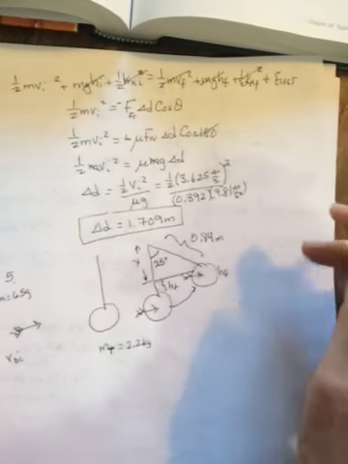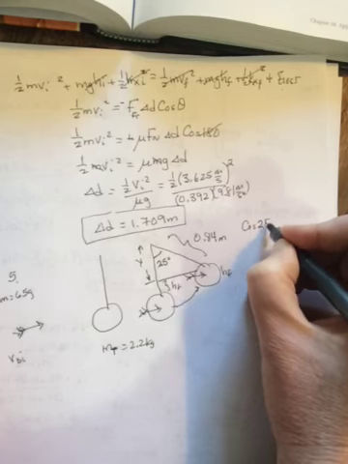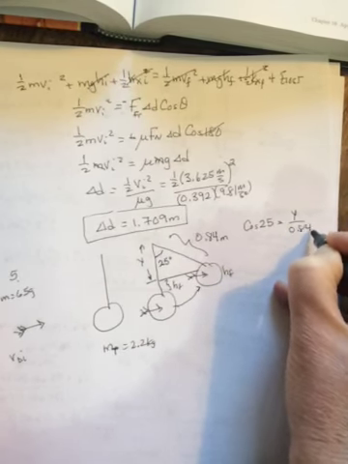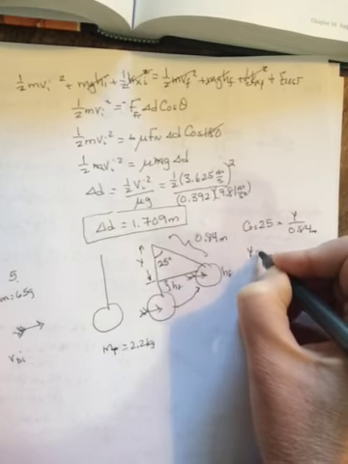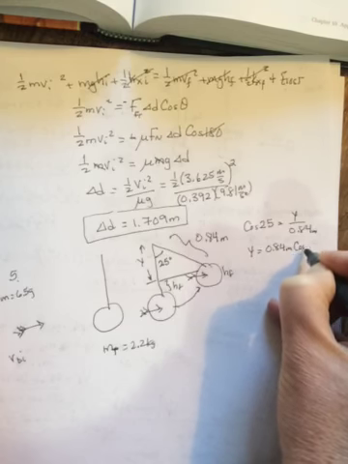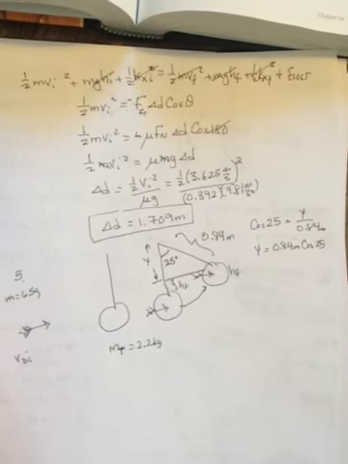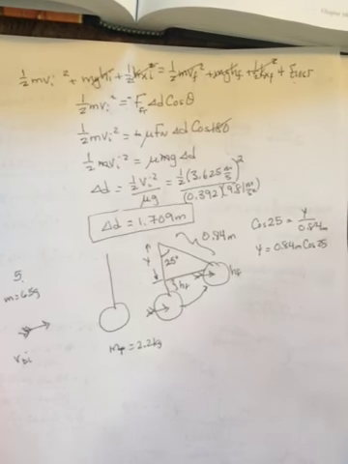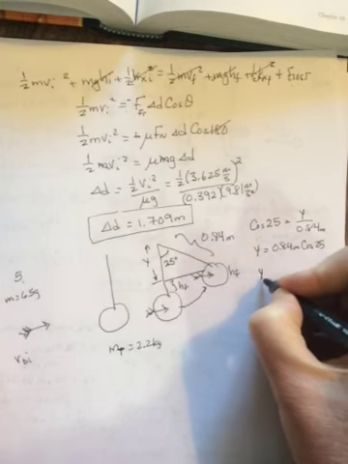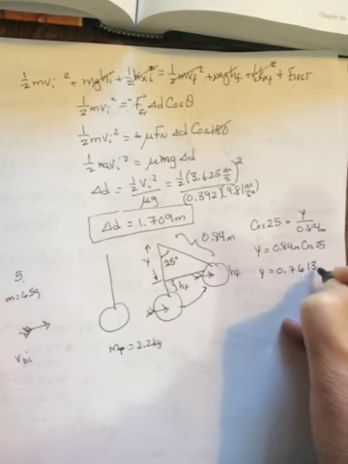Okay, so first step, it's the adjacent side, so cosine of 25 is equal to y over 0.84. So y is equal to 0.84 meters times the cos of 25, which is 0.7613 meters.